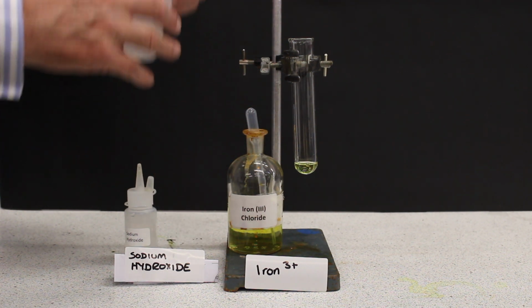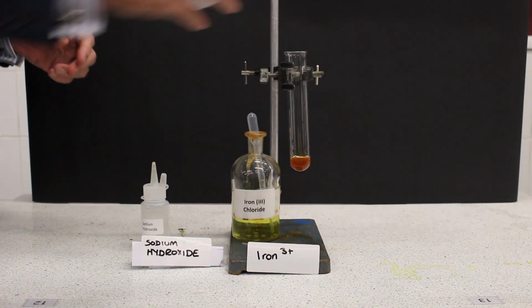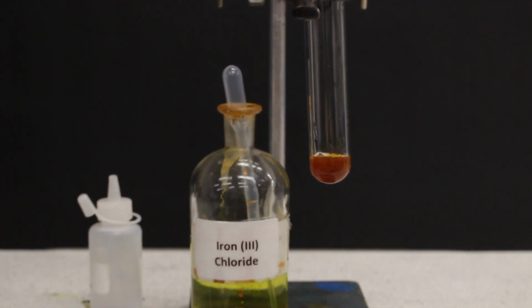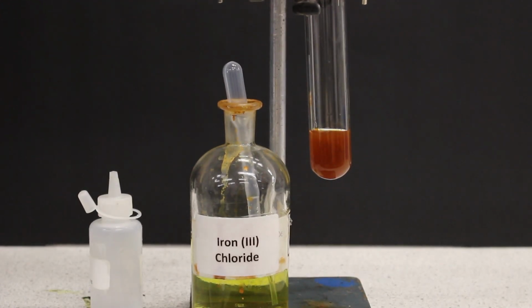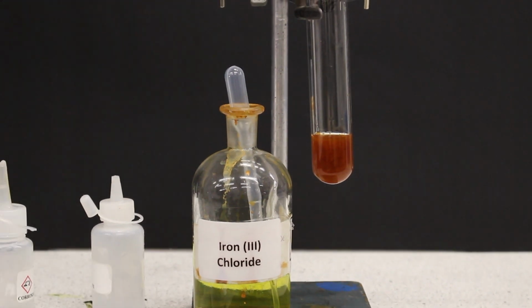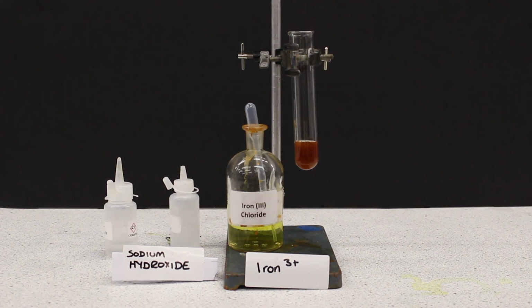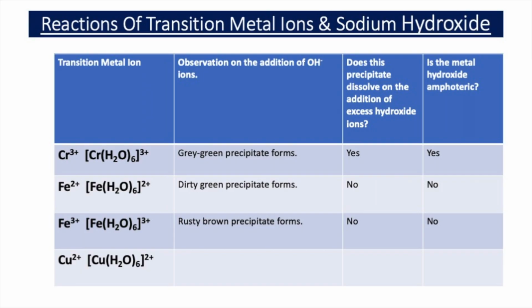Now when we add the sodium hydroxide, we form a rusty brown precipitate. And it's no surprise it's rusty brown because iron(III) hydroxide is rust. And when we add excess aqueous NaOH, the precipitate does not dissolve. And this is because iron(III) hydroxide is not amphoteric.